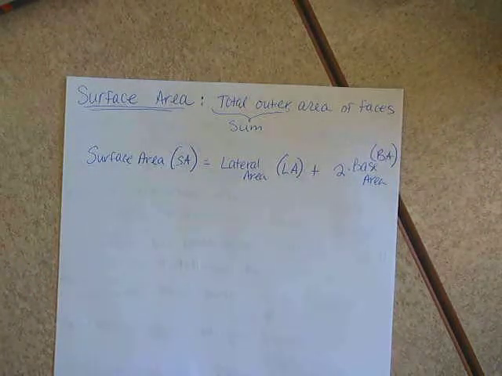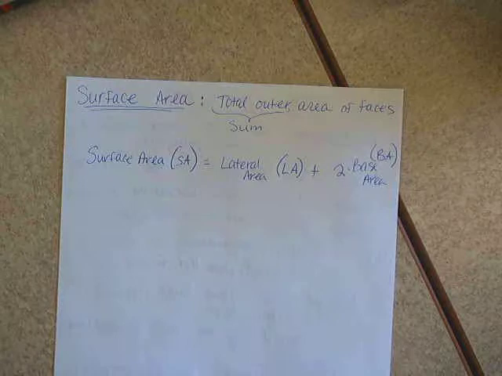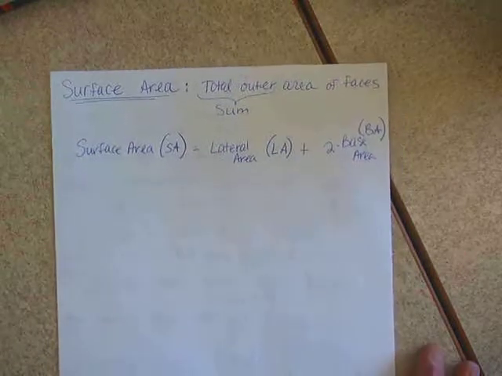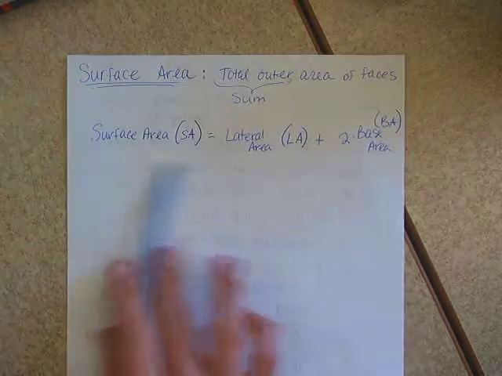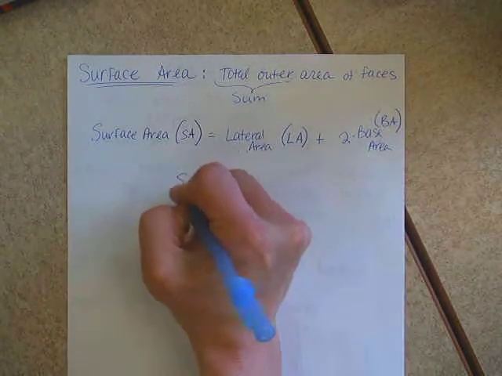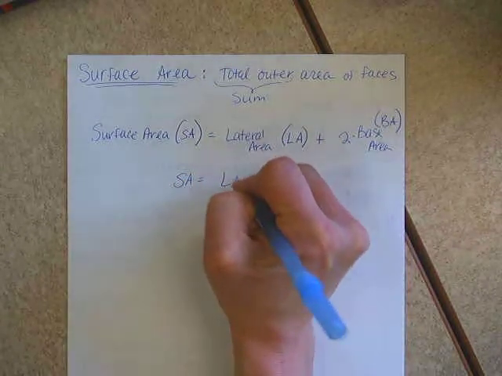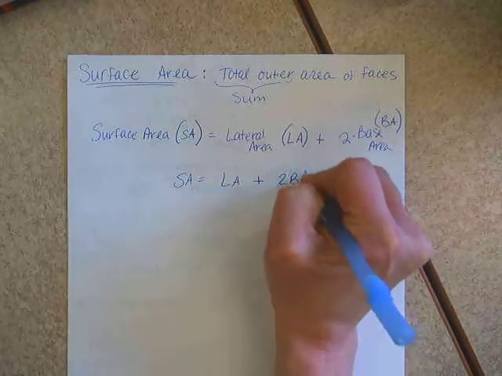So 2 times the base area, which I use BA. The book uses big B. But surface area SA, LA, BA is what I use.